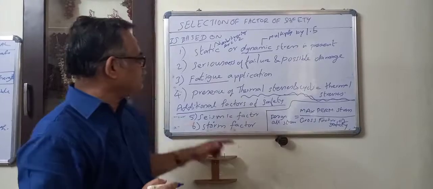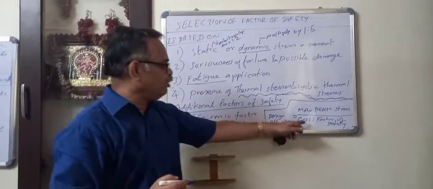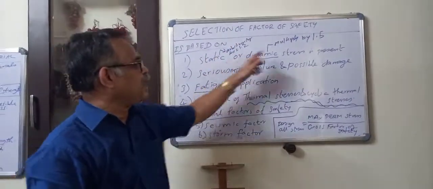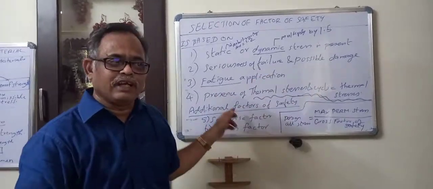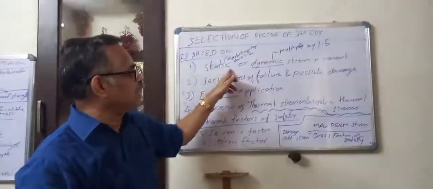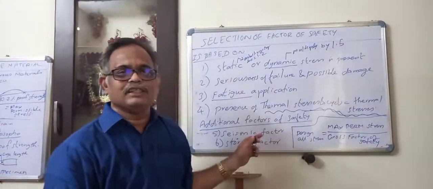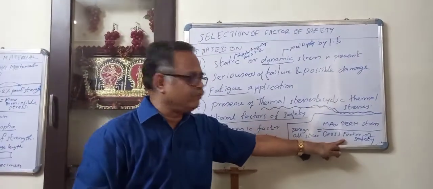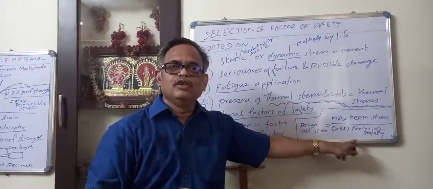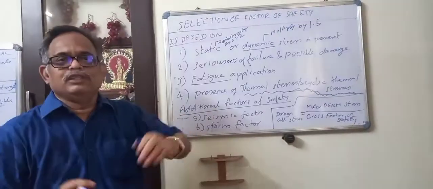This gross factor of safety is arrived at by multiplying the factor for each particular case. The static one we have to select, then multiply by each factor depending upon the various cases, and you finally arrive at the gross factor of safety. You divide the maximum permissible stress by this, and you will get the design allowable stress.